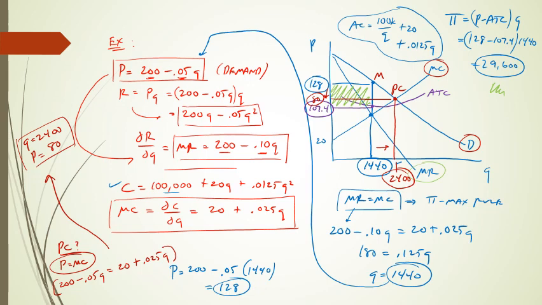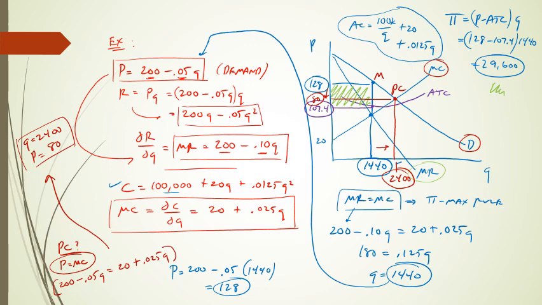And that's found by plugging Q of 1440 back into demand. So see that long connection there between quantity on the bottom right and then back up to demand on the upper left. And we do that and we get a price of 128, okay? And that's on the bottom left of your screen. And it's also in the graph. So the monopoly price is 128, and then what is profit?